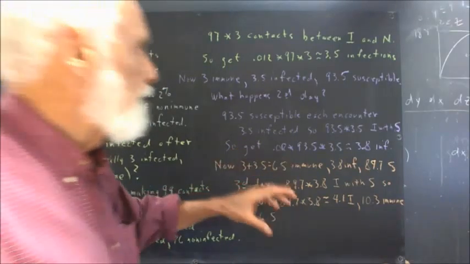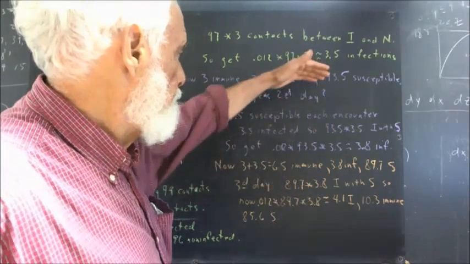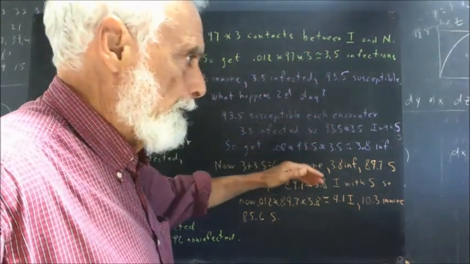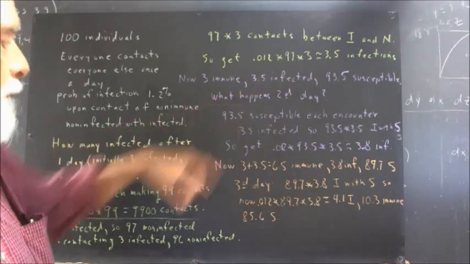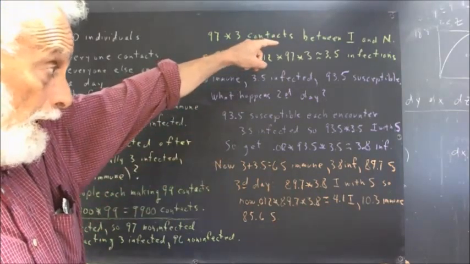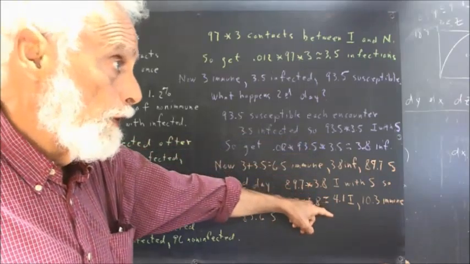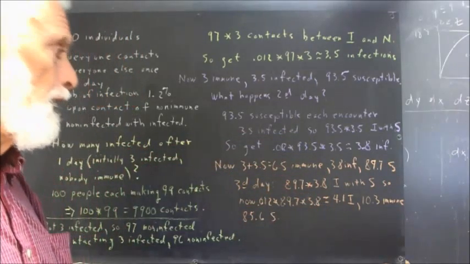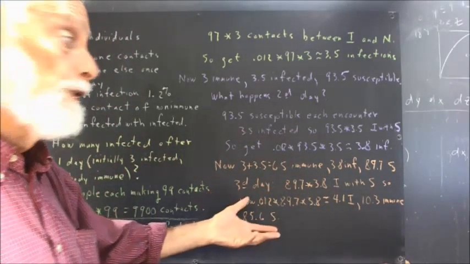So we see the pattern so far is that this infection seems to be progressing. We seem to be getting more and more infected people. We go from 3 to 3.5 to 3.8 and now to 4.1 infected people. Is this going to continue? How long can this continue?